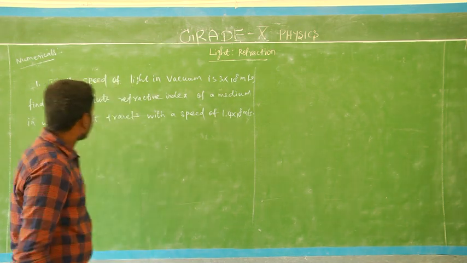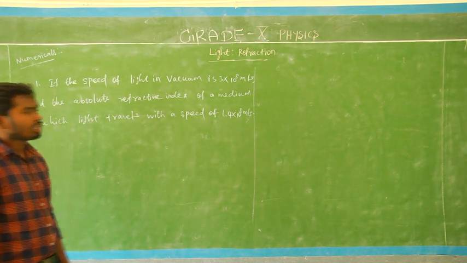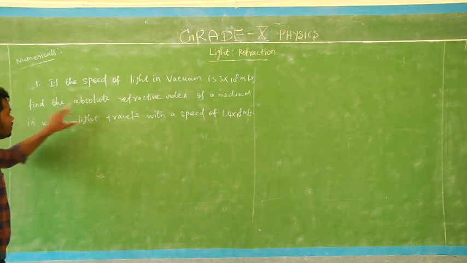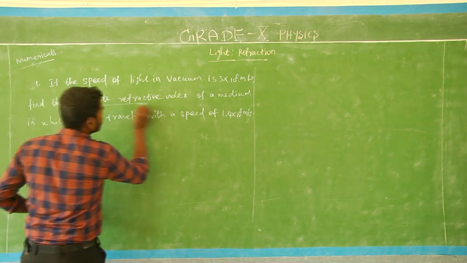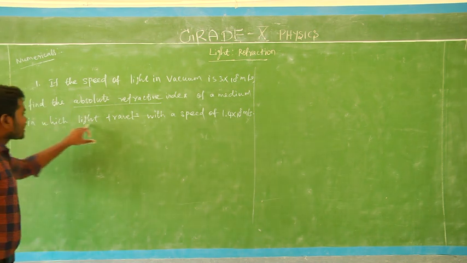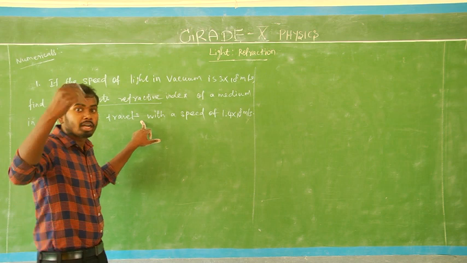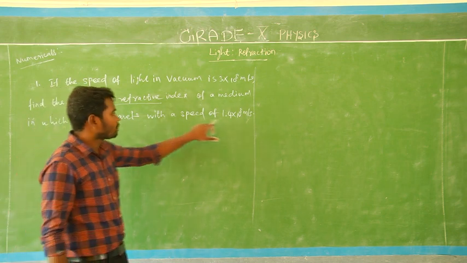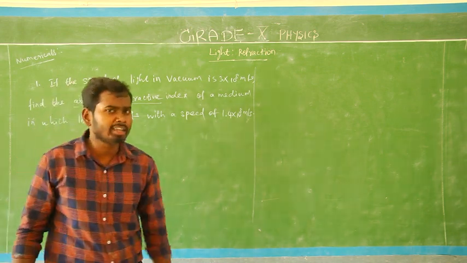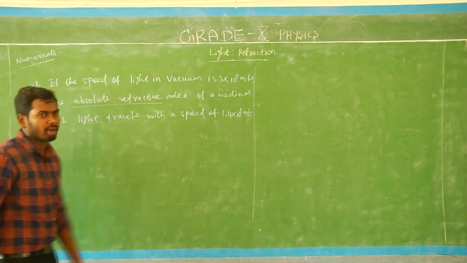Is that clear? If the speed of light in vacuum is 3 into 10 to the power 8 meter per second, find the absolute refractive index of a medium in which light travels. In that medium the light speed is 1.4 into 10 to the power 8 meter per second. Now you find out the absolute refractive index value.